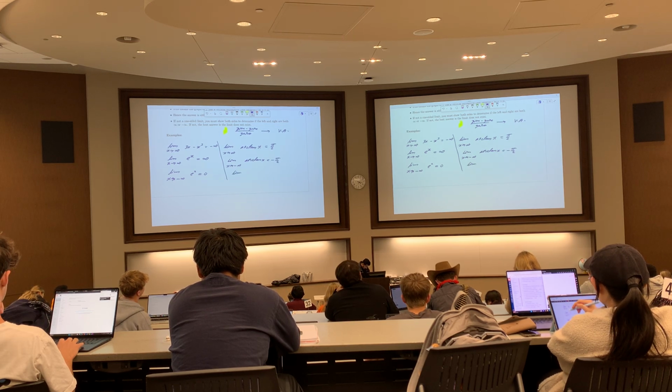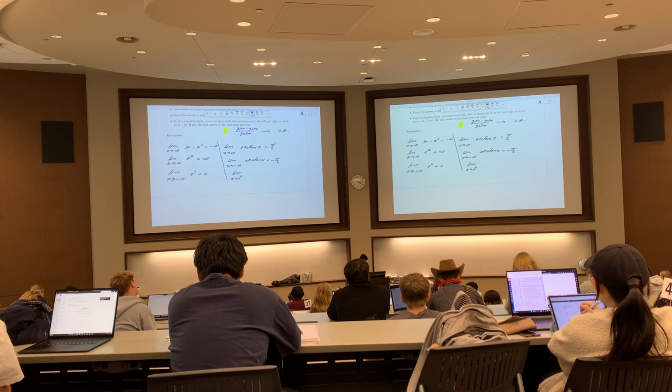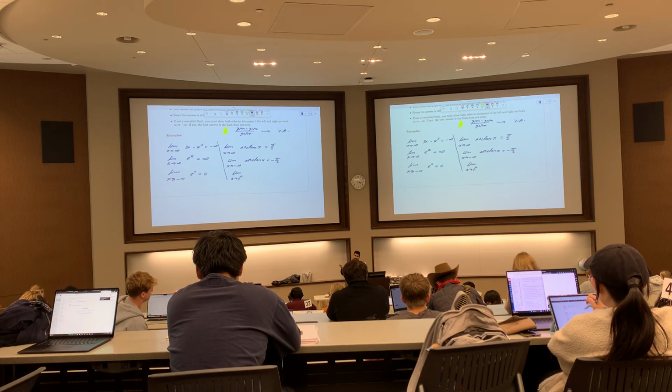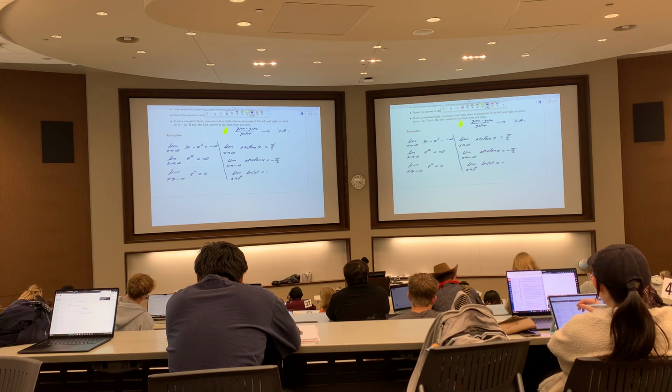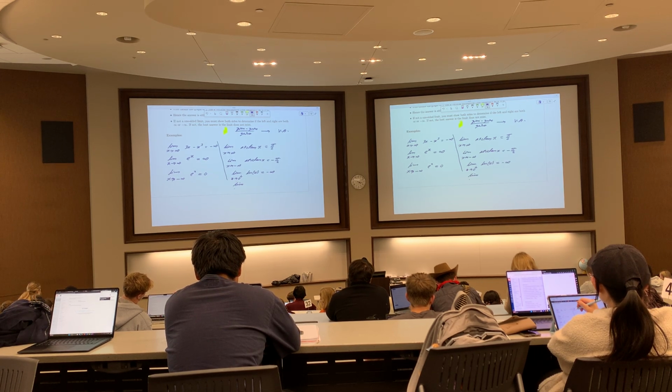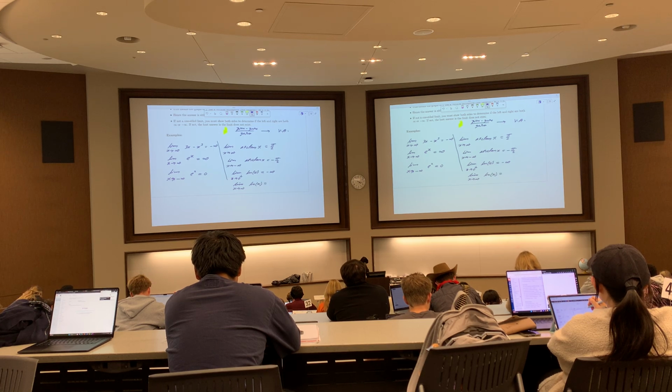And also functions like this, where we have the limit as x approaches 0 from the right side, or positive side. For the function ln of x, we get negative infinity. And when x approaches infinity, for the same function ln of x, we get positive infinity.